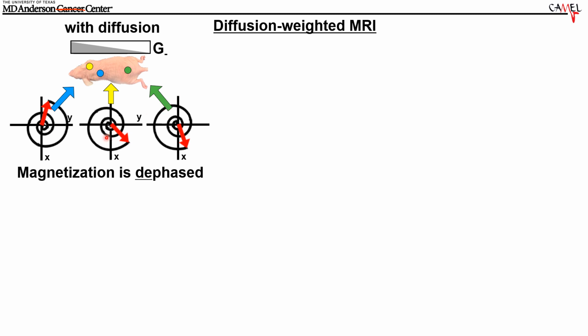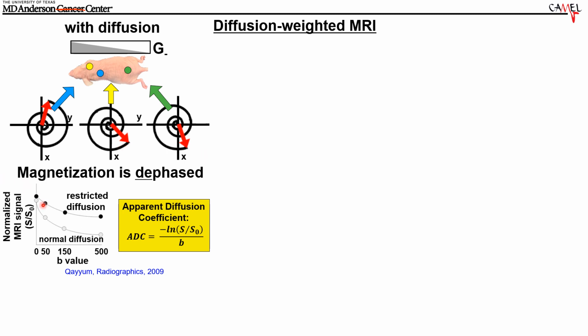Now, if I were to do MRI based upon the magnetization of these vectors, well, I would not get the same image, right? In fact, I've lost some coherent magnetization in this whole process due to this random physical motion due to diffusion.